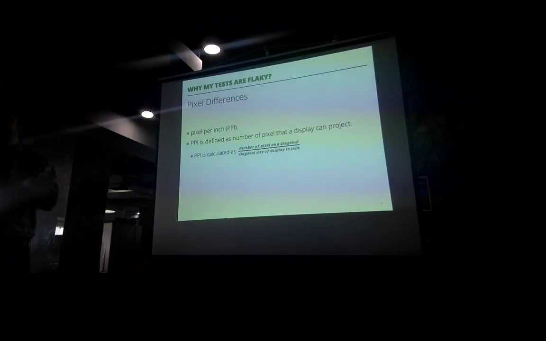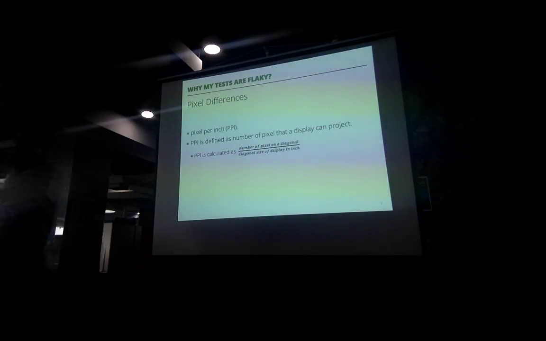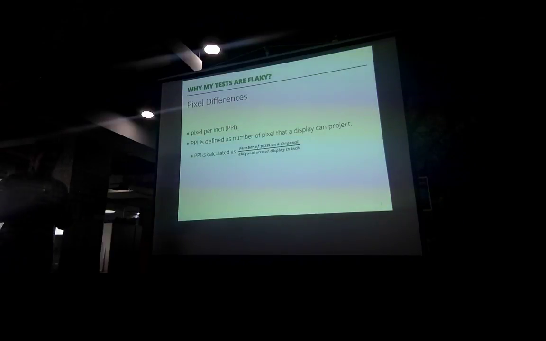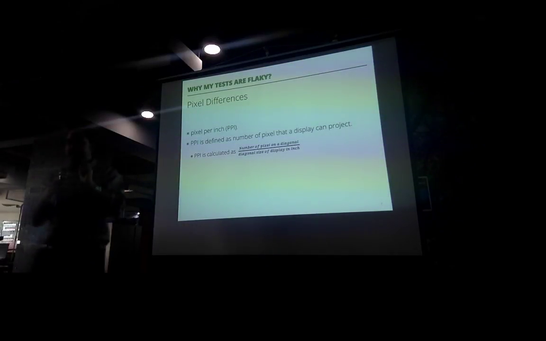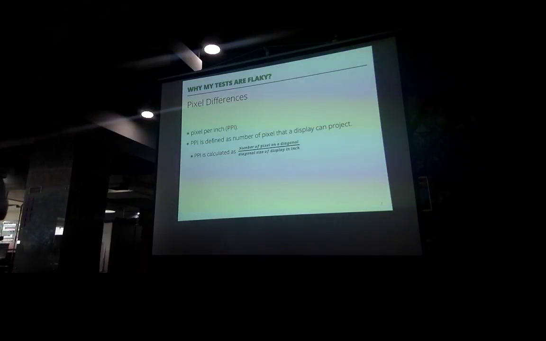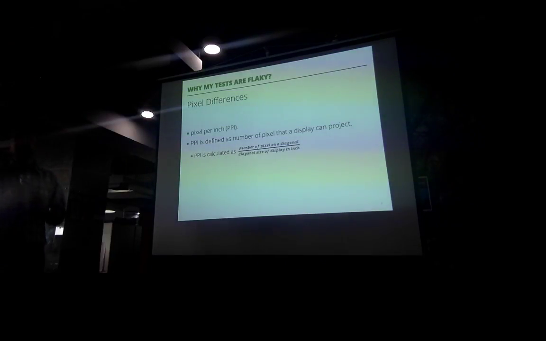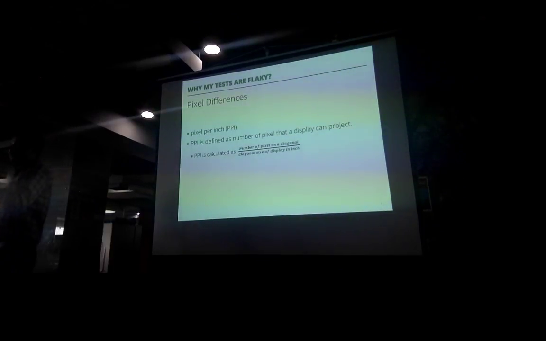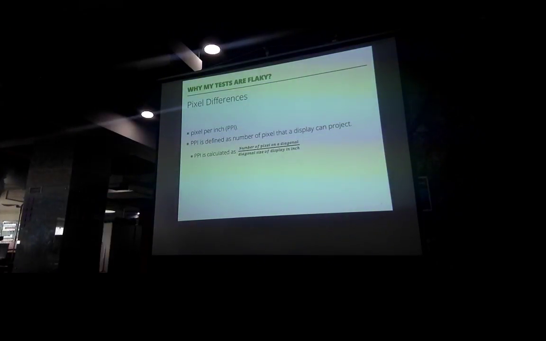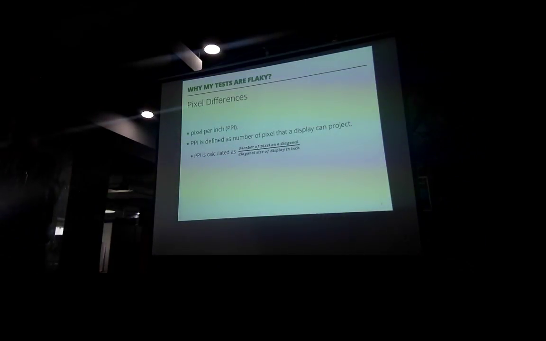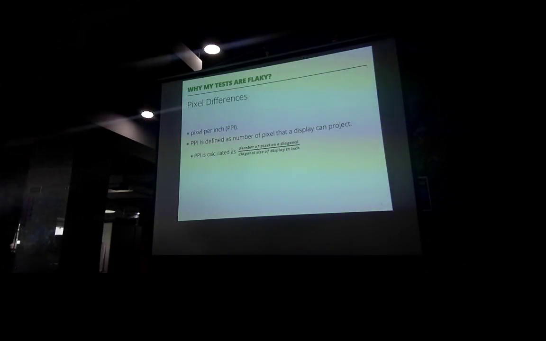When we do image comparison, the things in play are the pixels. If I elaborate more, it's pixels per inch. It's a pixel-by-pixel comparison, and it goes to the minute details of what exactly is the point drawn in the display and what constitutes that image.